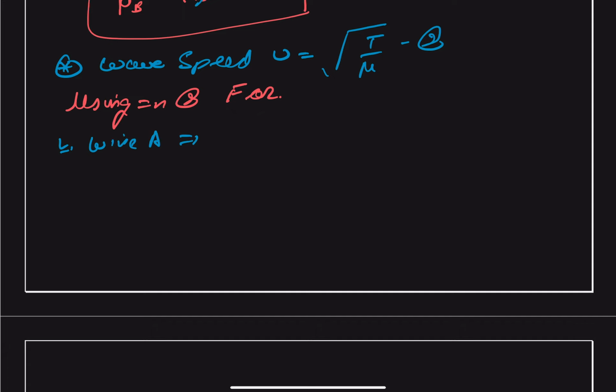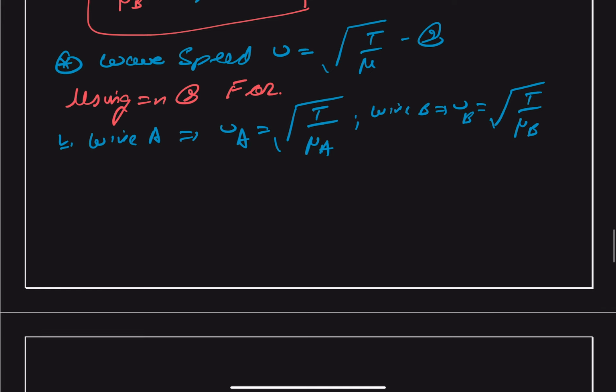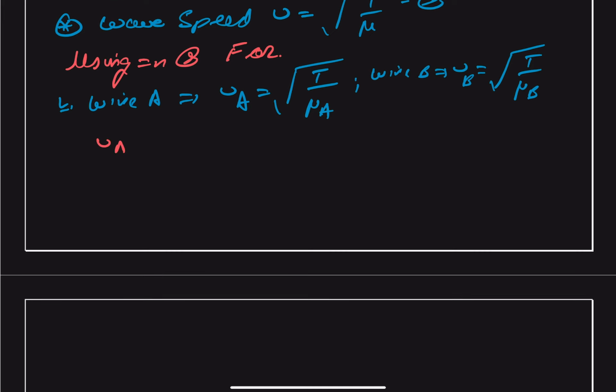we can write that VA is equal to square root of tension, which will be the same, let us suppose that is T, divided by mu A. Then for wire B, we can write VB is equal to square root of T divided by mu B. And we can find out the ratio VA upon VB will be equal to square root of mu B upon mu A, and this we already know, this is our 4, which comes as 2.